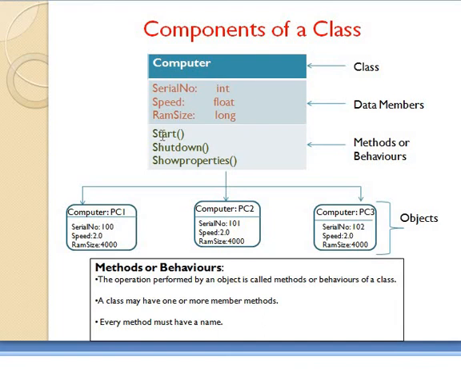The first method in this class is start. The second method is shutdown, and the third method is show properties. And just as I have discussed, these methods are the operations performed by the objects of a class. Objects may not stay idle all the time.